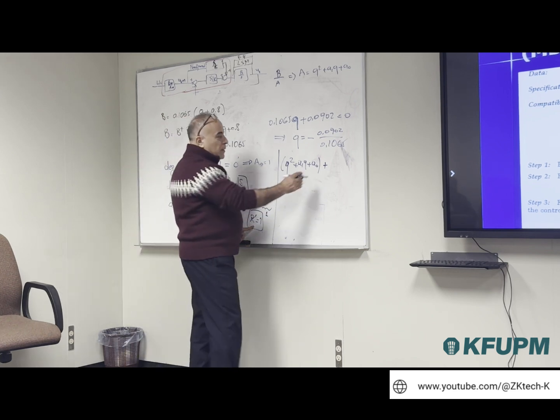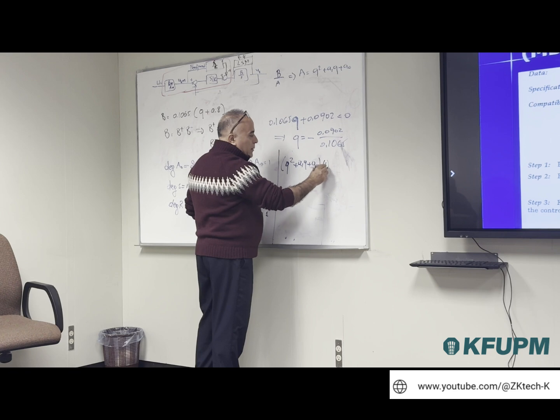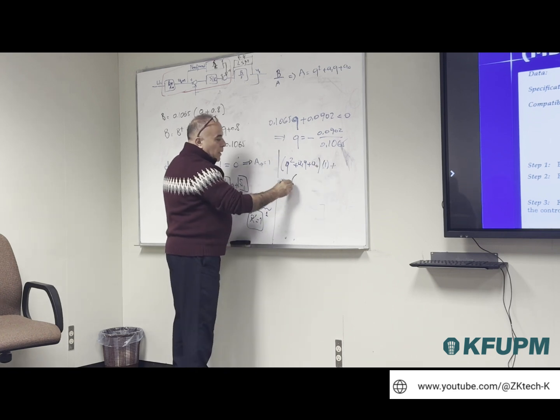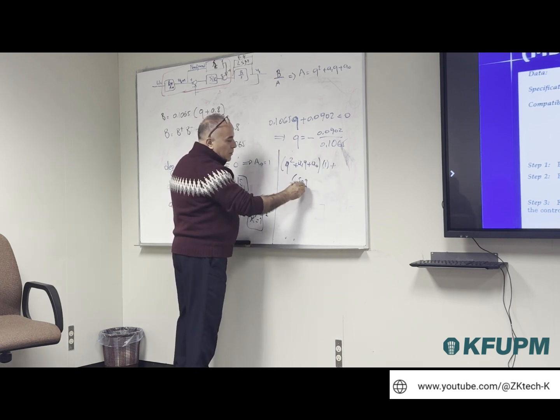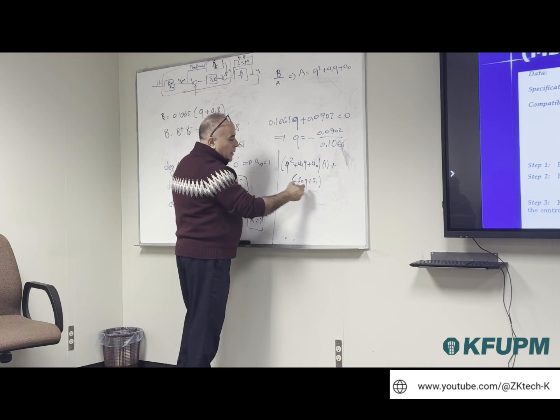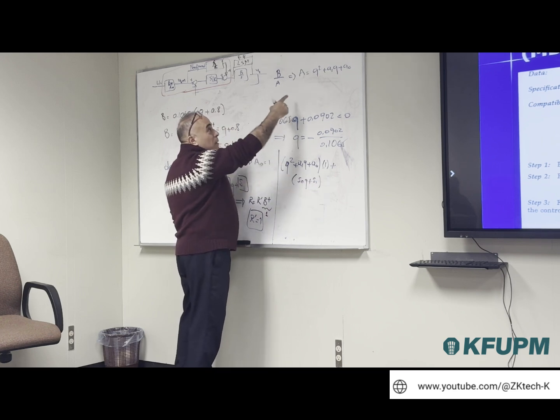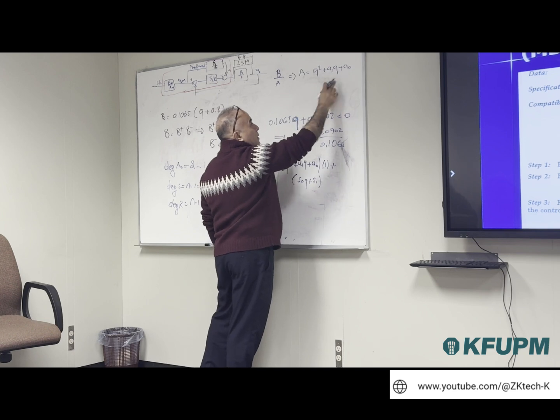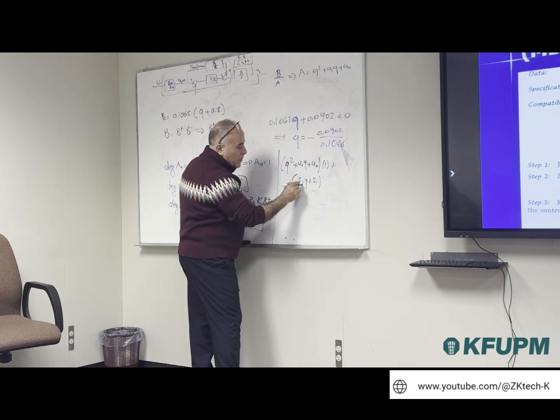Right, so here we have 1, if you multiply it by 1, plus S1Q plus S0, if you want to follow the same nomenclature, so you'll be consistent.